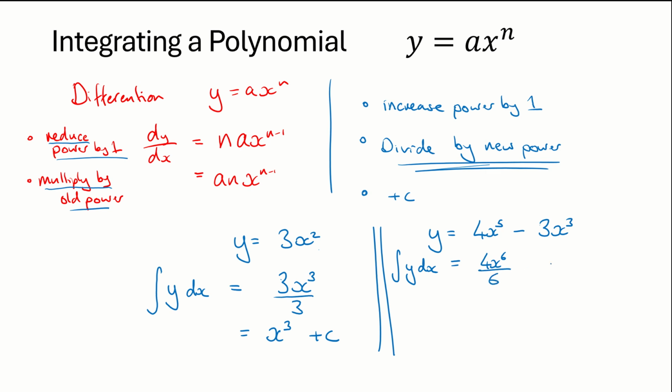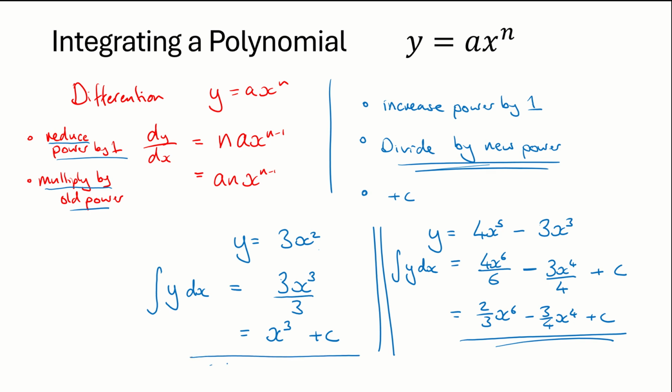Let's do the same thing with the next term. 3x to the 4 divided by the new power, so divided by 4. But remember, we've got this minus sign, so we still have that minus, and then we add our constant of integration, that plus c. All right, let's tidy this up. This becomes 2/3 x to the 6 minus 3/4 x to the 4 plus c.